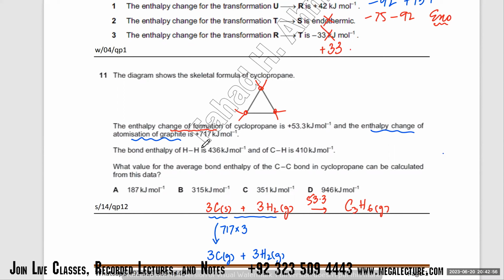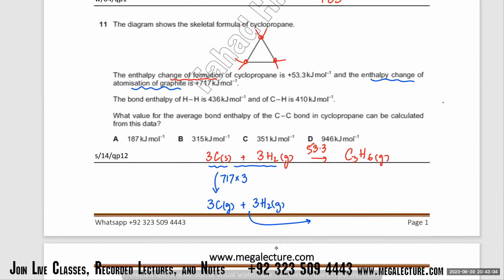So फिर इससे आगे, the bond enthalpy of H-H is given. So I've got an H2 molecule over here. What I'm going to do is break the bonds of this hydrogen molecule. I'm not doing anything to carbon. Carbon remains gaseous. But the hydrogen molecules, I'm breaking the bonds of these hydrogen molecules.